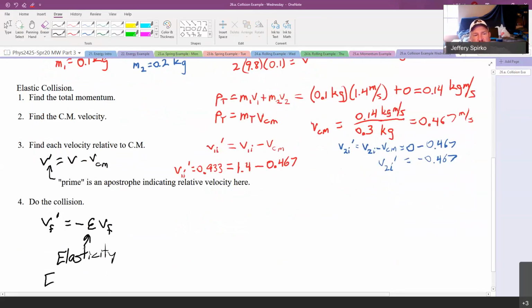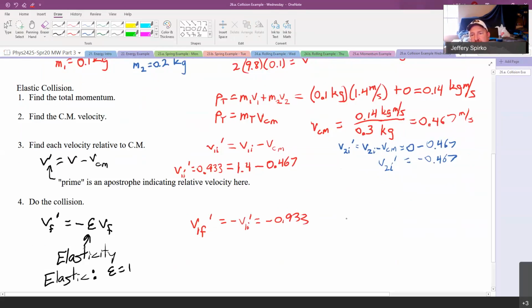If your collision is called elastic, then epsilon is equal to 1. So effectively, my v1 final prime is just minus v1 initial prime, which is minus 0.93. Done. I did the collision for object 1.